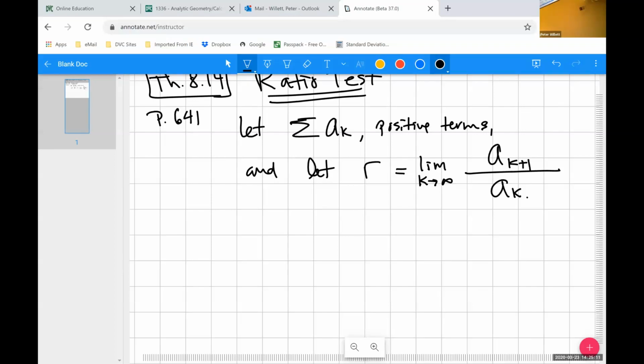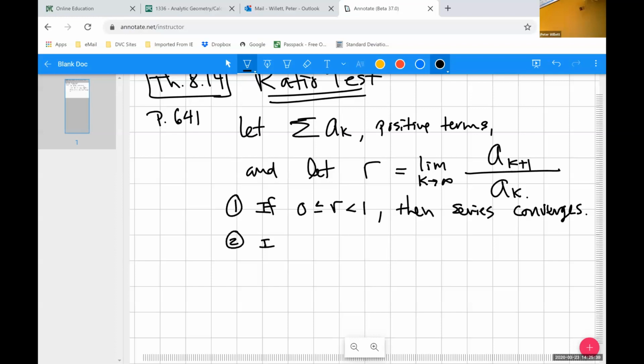So here's the criteria. 1, if 0 is less than or equal to r, which is less than 1, then the series converges. However, if r is greater than 1, then the series diverges.